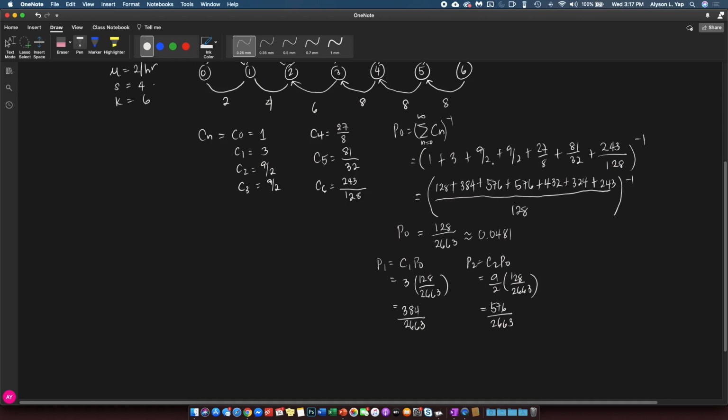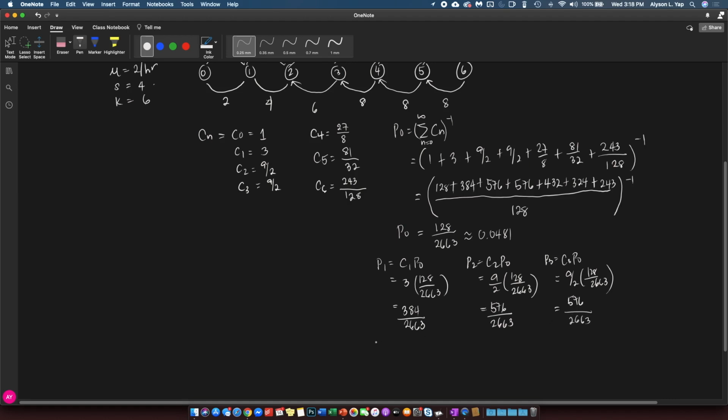576 is here. In fact, if we follow the pattern, P sub 3, which is equal to C sub 3 P sub 0, and this is equal to 9 over 2 times 128 over 2663. We don't need to compute again this because this is just 576 all over 2663.